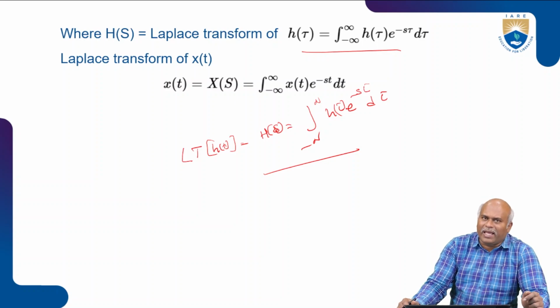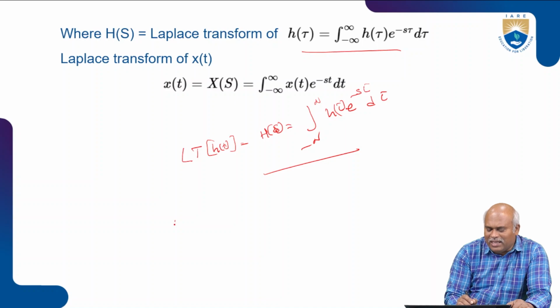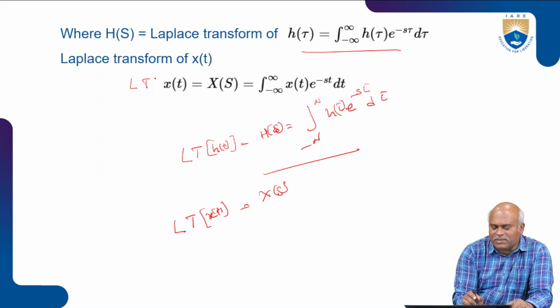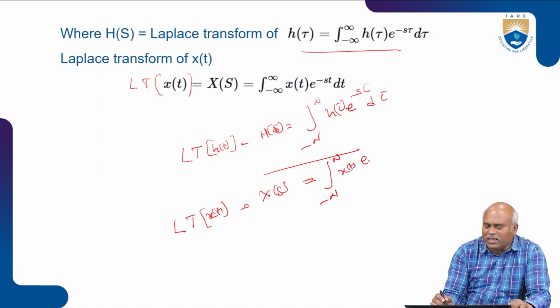Then if we take the Laplace transform of x of t, I write the Laplace transform of x of t is equal to X of s. This value consists of the integral of x of t e power minus st dt.